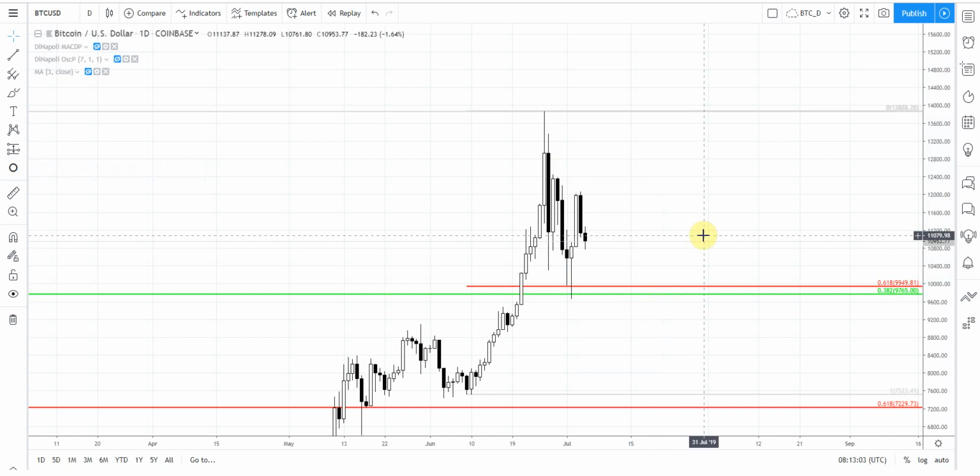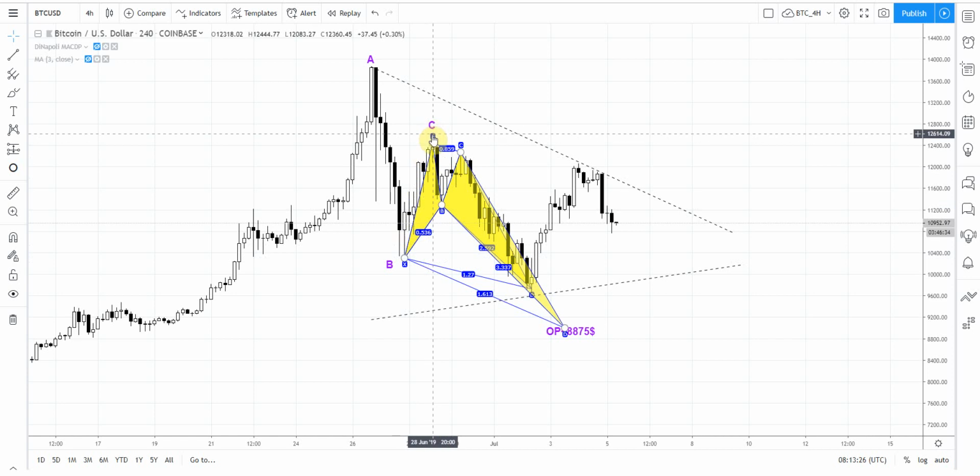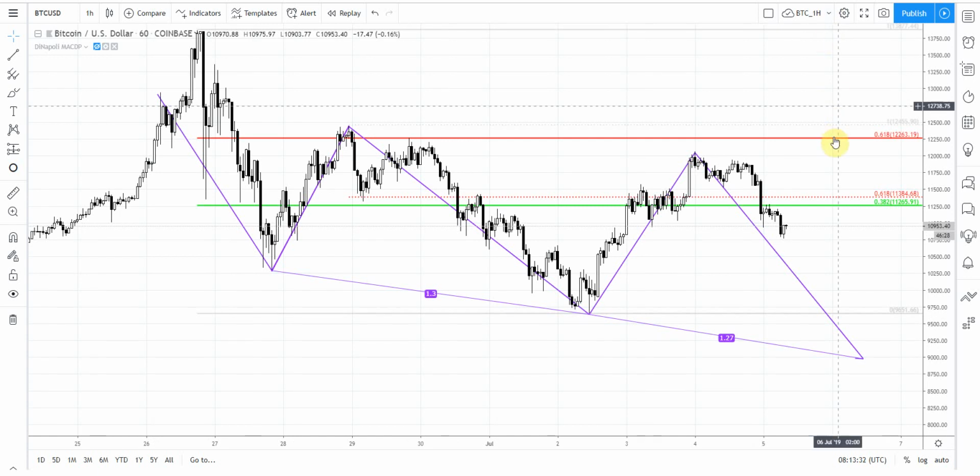The market currently comes to a point that separates these two scenarios. Depending on the reaction around this point, you will understand in what direction the market is following. Take a look at the 4-hour time frame chart. Actually, the first scenario is based on this butterfly, completion of this ABCD pattern that we just talked about, and stands OP. And on the hourly chart, recently we talked about the three-drive pattern.